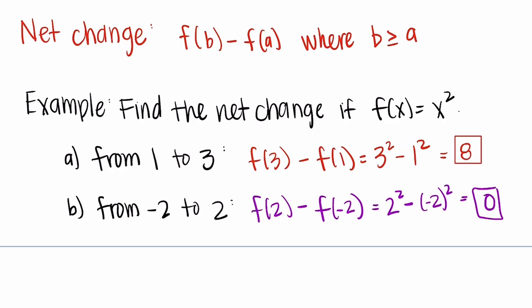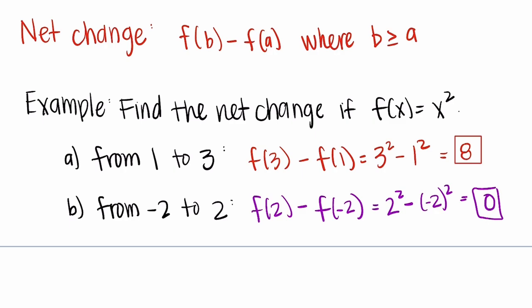Okay, questions on net change? So we're just looking to see how do my outputs change between 2 different inputs. It is possible for net change to be negative if my graph was decreasing.